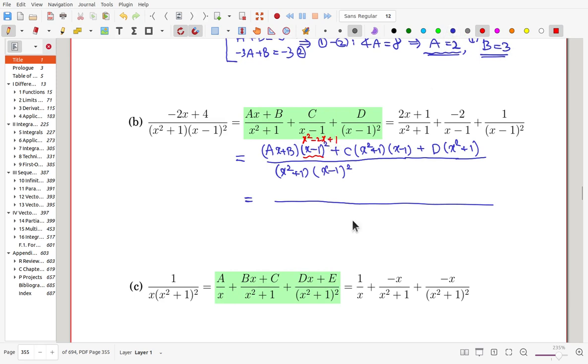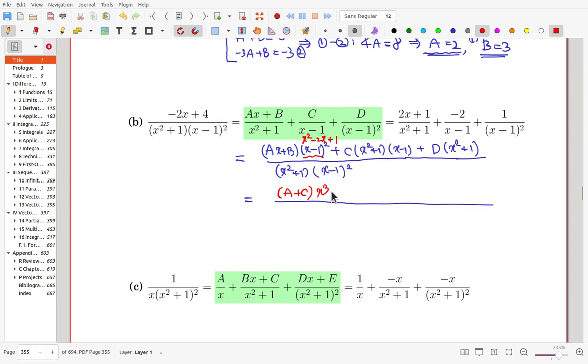Now try to get the coefficients of x cubed. From here, x cubed will appear with ax times x squared, so here we have a, and then from here x cubed, now that is c, and for the last one we don't have x cubed.